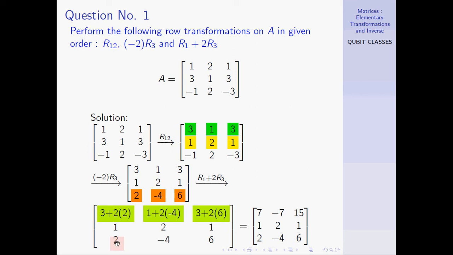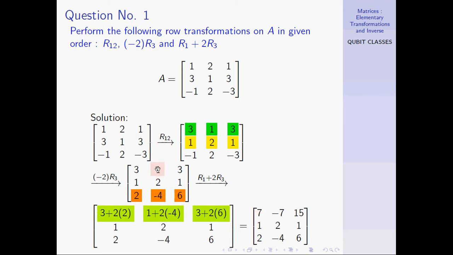The first element in the third row is 2. So the first element in the first row of the new matrix will be 3 plus 2 into 2, which is 7.